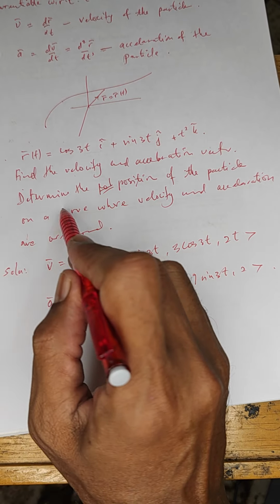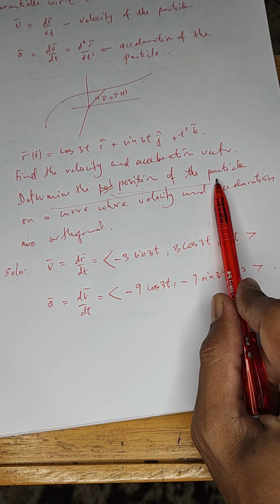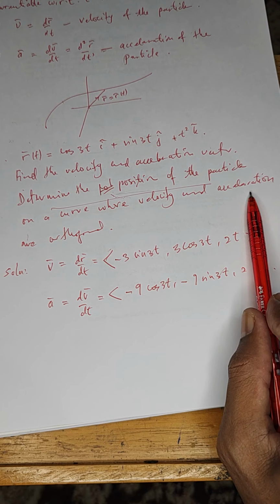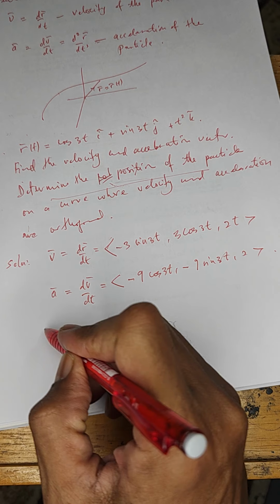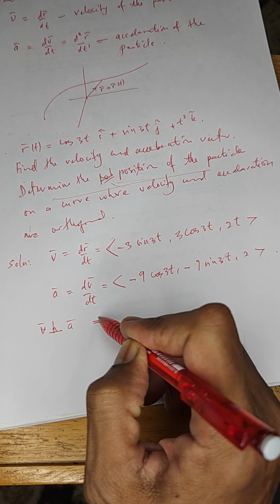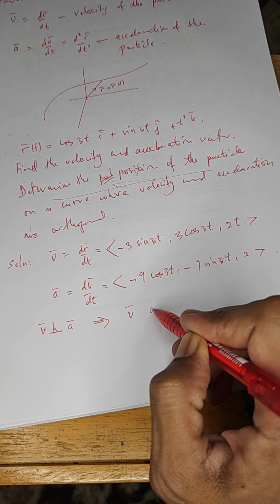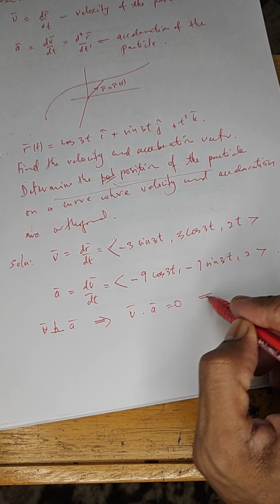Okay, for the second part of the question, we determine the position, meaning we want to find r where the velocity and acceleration are orthogonal. Which means when v is orthogonal to a, we have v dot a equal to 0. Therefore from there we can find what t is.